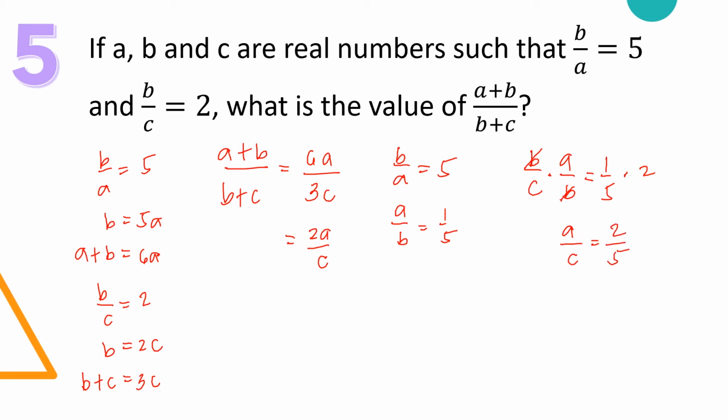Substituting a over c equals 2/5 into 2a over c, that will be equal to 2 times 2 over 5. Hence, a plus b over b plus c is equal to 4/5.